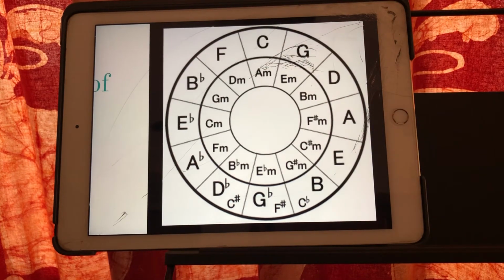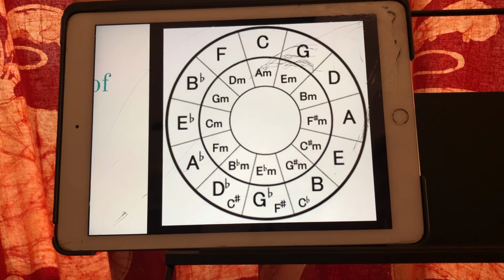So I'm going to start at a C down here. Go up 5 notes, and that's a G. G is 5 of C. Now we think of the G as number 1. Go up 5 notes from G: D. Now D's number 1.